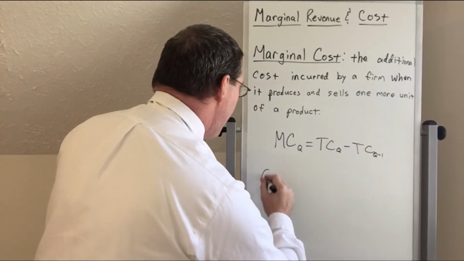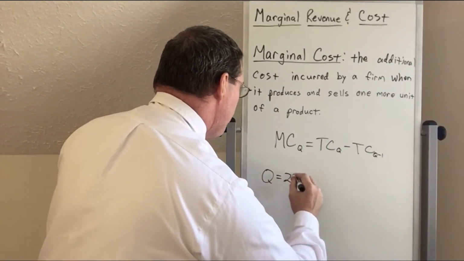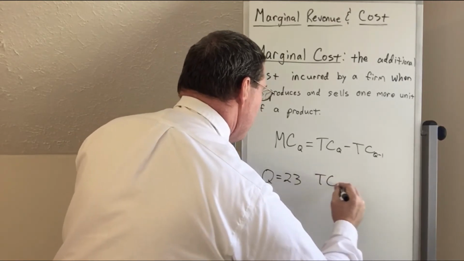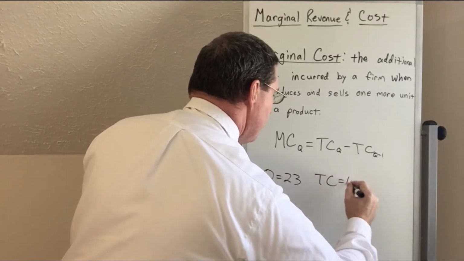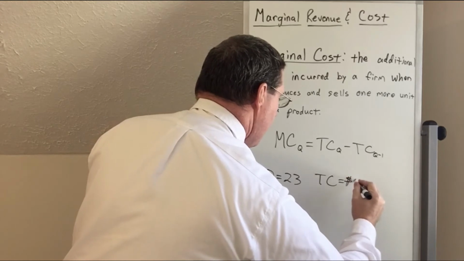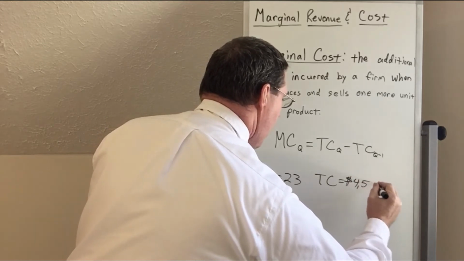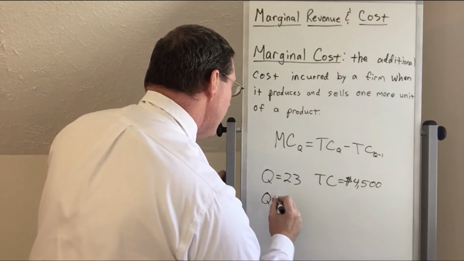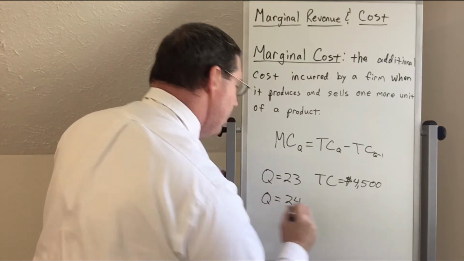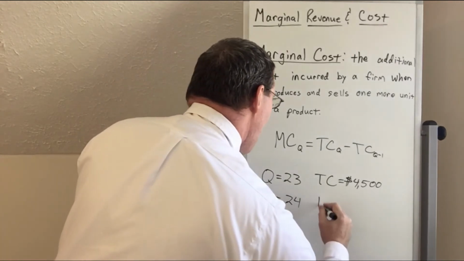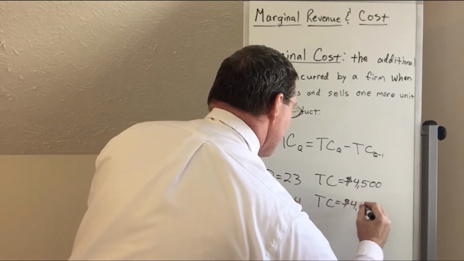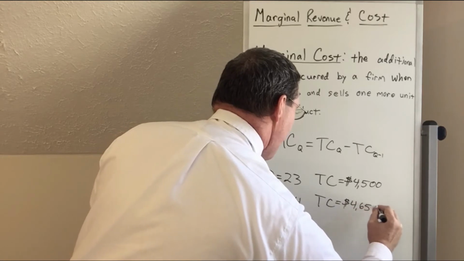Let's say that at a quantity of 23 units, let's say that the total cost for the firm is equal to, I don't know, let's say $4,500. But if they produce one more unit, if they go up to a quantity of 24, now their total cost is going to be $4,650.